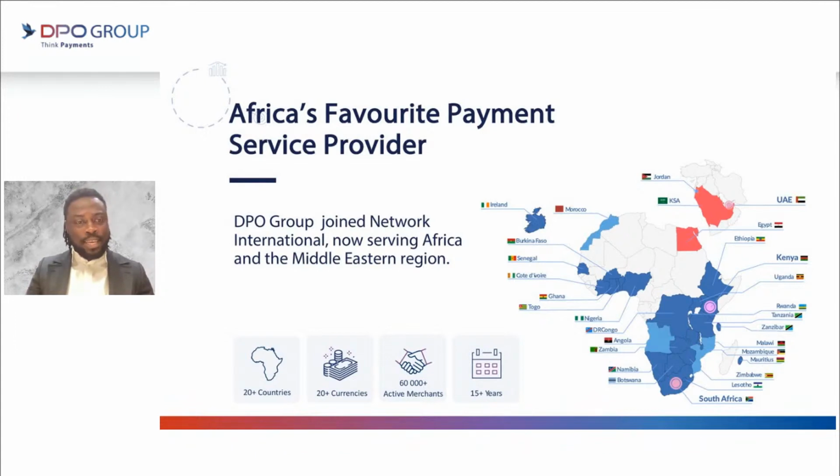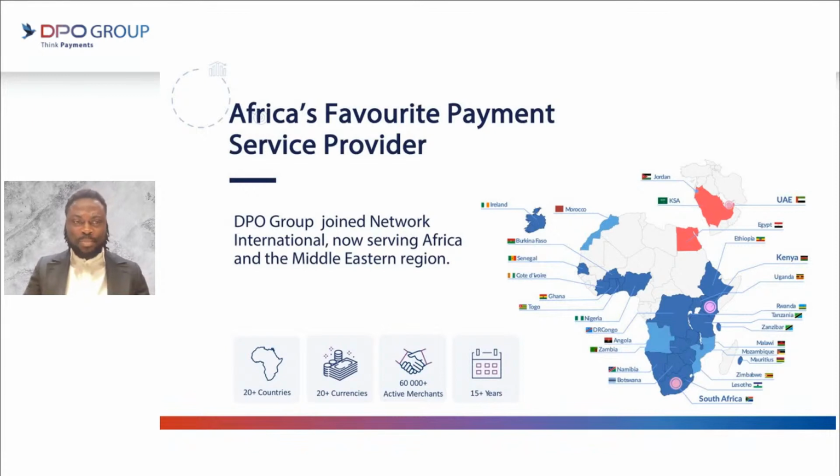Over the last 6 years, I would say we've grown quite rapidly across the African continent. And so today, we have branch offices in over 20 countries on the African continent, and quite recently, beyond the African continent, that's the Middle East.